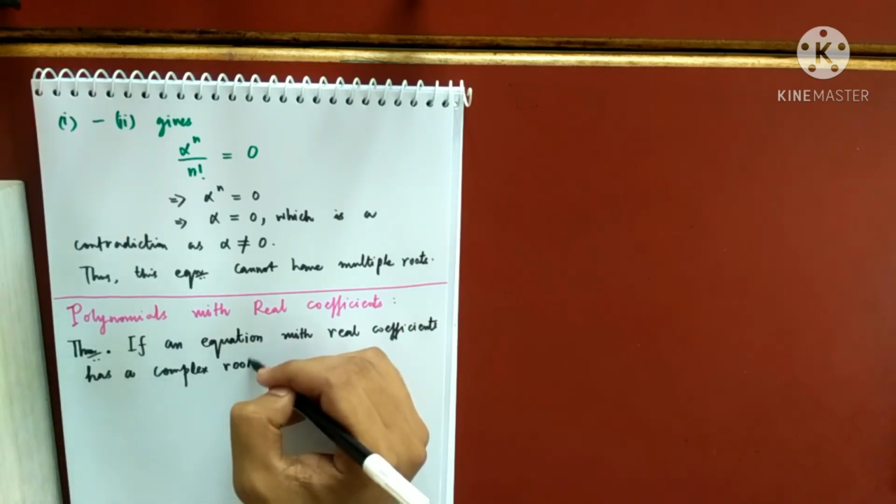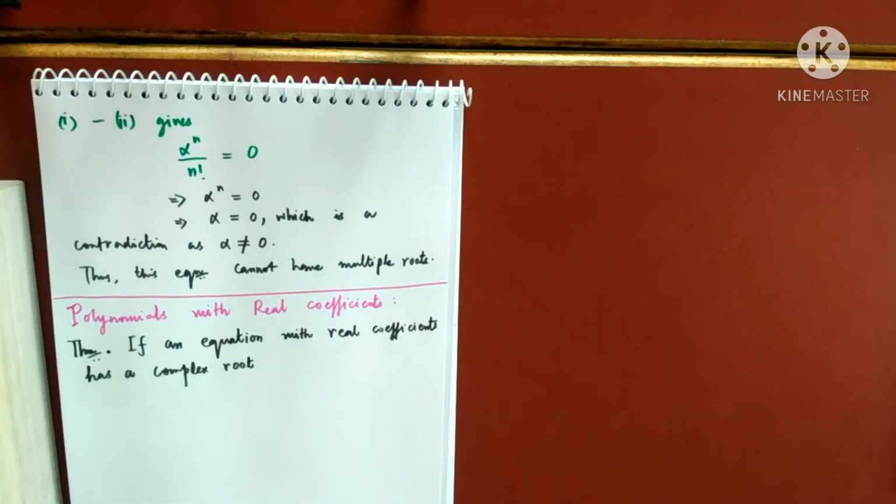it may also have complex roots. It is not necessary that a real coefficient equation will always have a real root. Like consider the equation x square plus 1. This is a polynomial having the coefficients 1, 0, 1, which are definitely real. But its roots are minus i and i, which are complex roots.